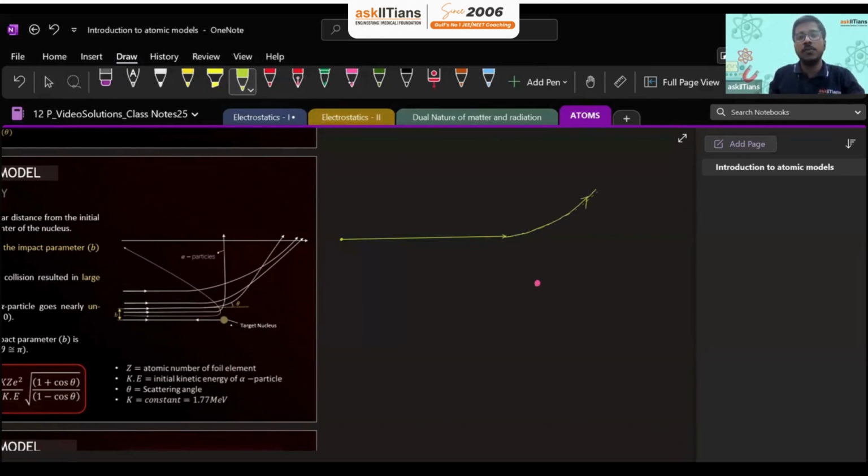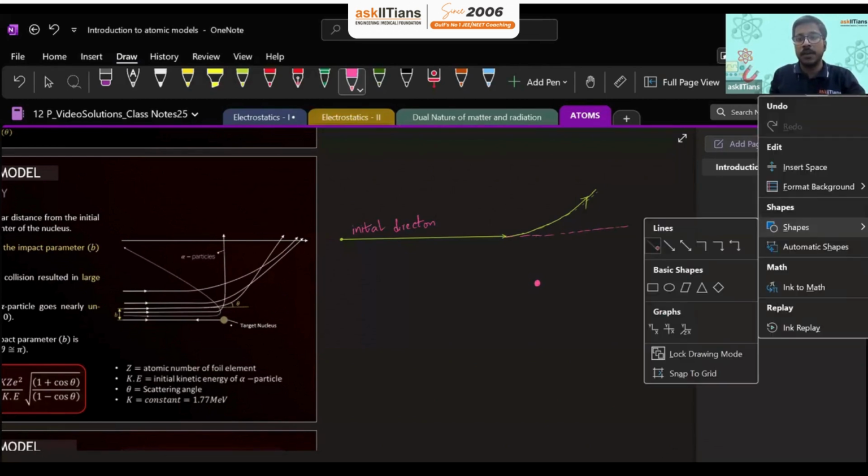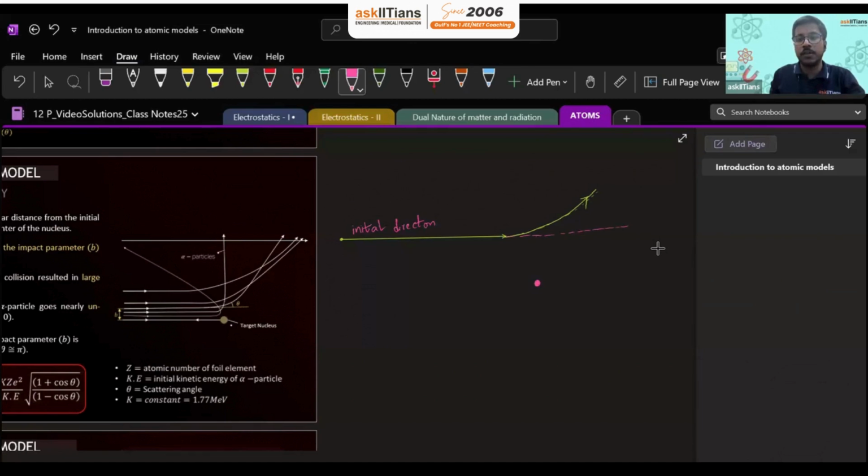Now, this is the initial direction of the alpha particle. If you extend this initial direction as a straight line, you can see the perpendicular distance made by the initial direction of motion of the alpha particle with the nucleus.